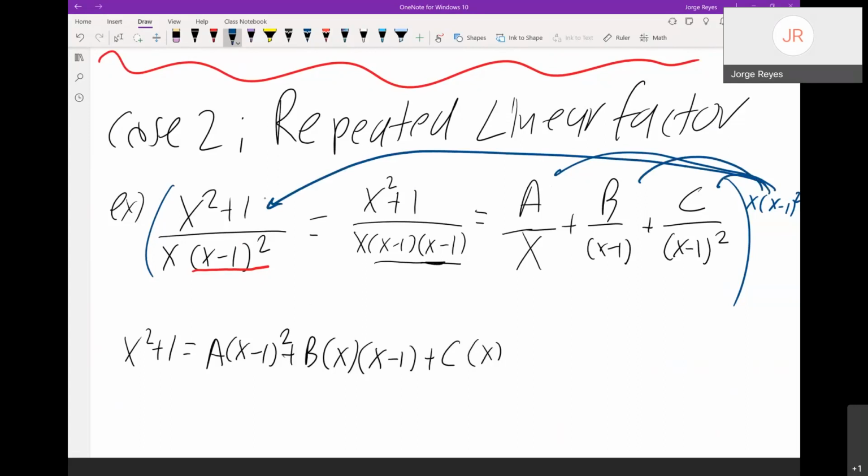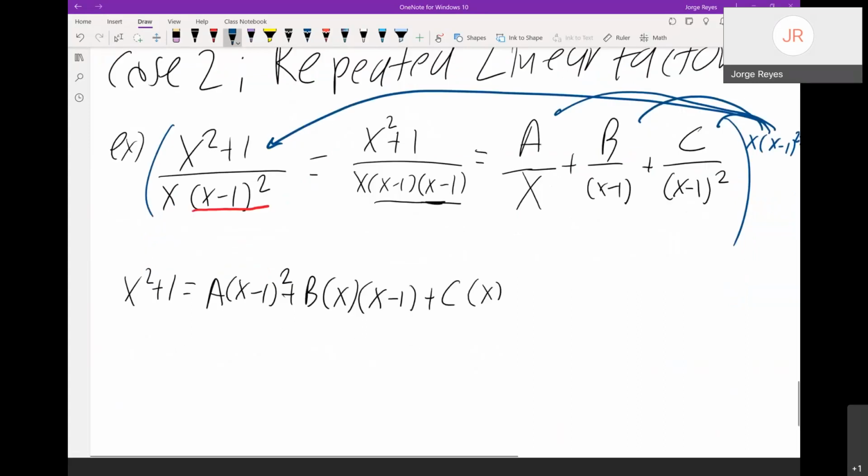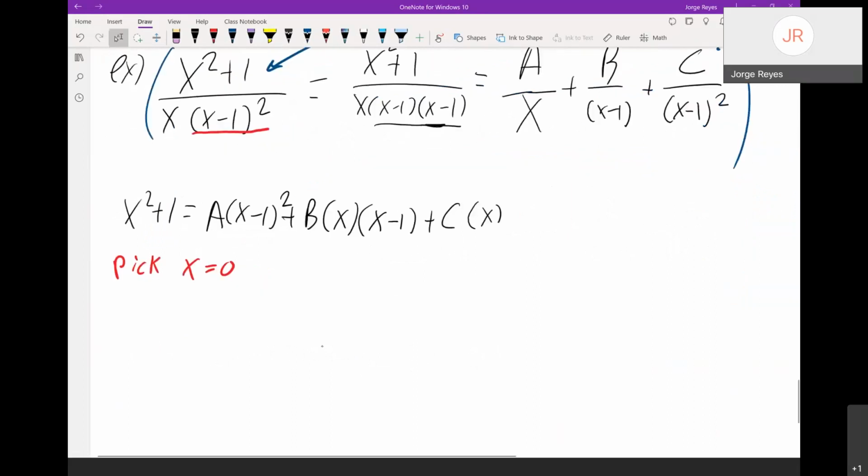Alrighty then. Okay, now see, here we have a problem though. Okay, the problem is my trick becomes much less good. Okay, so I'm going to pick x equals 0. You're going to get 1 equals A times negative 1 squared. And then this will cancel and this will cancel. So you get A equals 1. Okay?